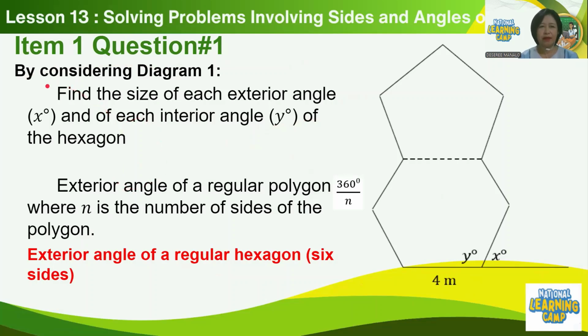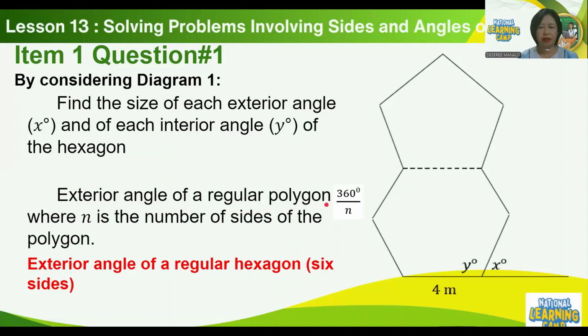Let's start. By considering diagram 1, as you can see at the right side, find the size of each exterior angle, x degrees, and of each interior angle, y degrees of the hexagon. Exterior angle of a regular polygon, as we all know, is 360 degrees divided by n. N is the number of sides of the polygon. So, exterior angle of a regular hexagon, again, has 6 sides.